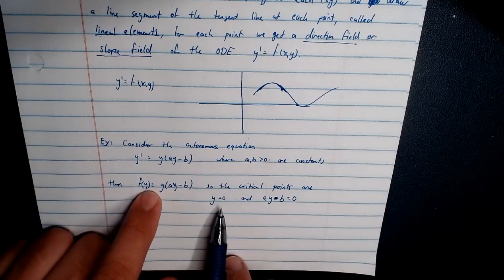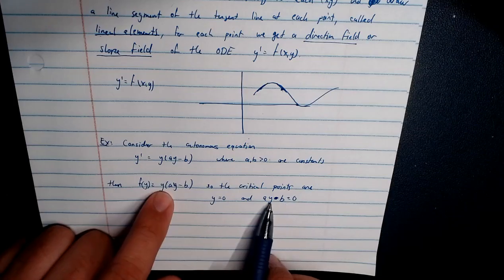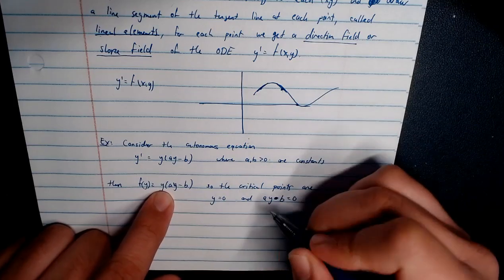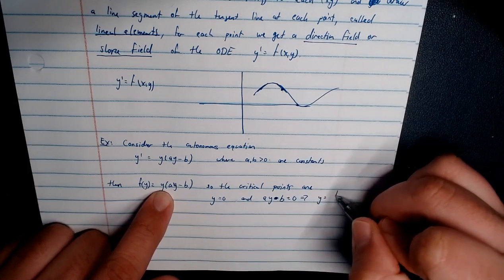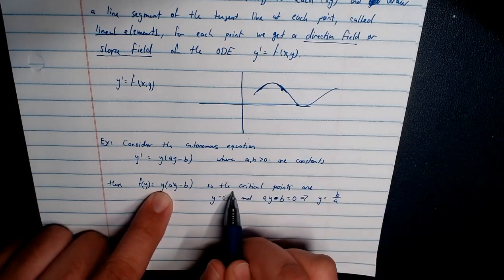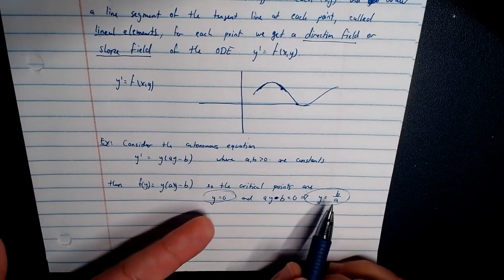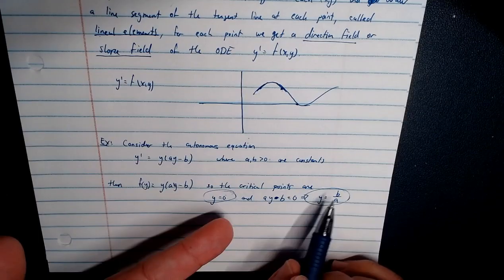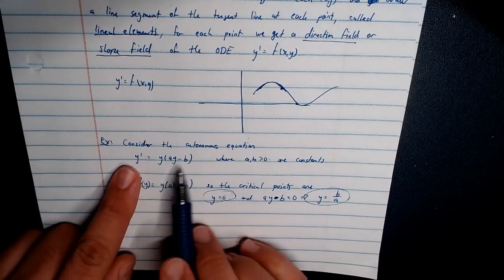Right? If y is 0, the whole thing's 0. If ay minus b is 0, the whole thing is 0. And here you can solve for y. You can add the b, divide by a. So here I have my two critical points. Okay, cool. So I know that these two are solutions. y equals 0 and y equals the fraction b over a are solutions to this differential equation up here.